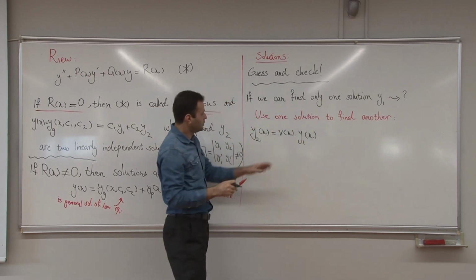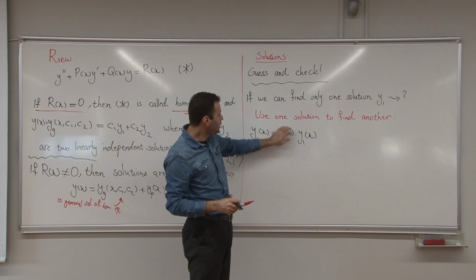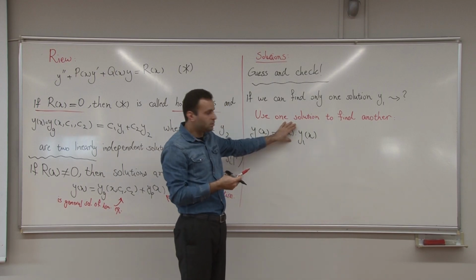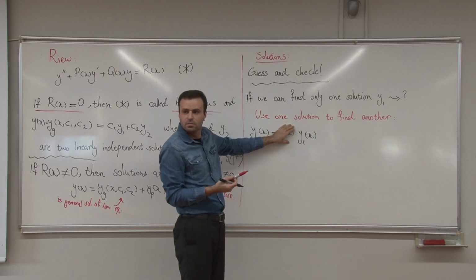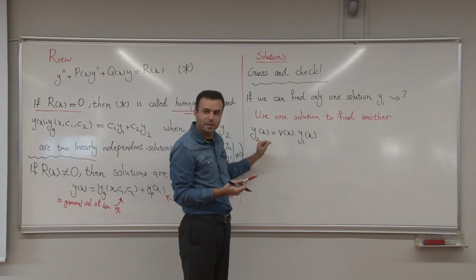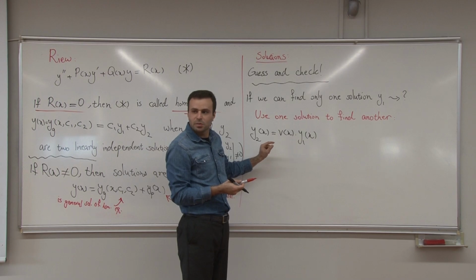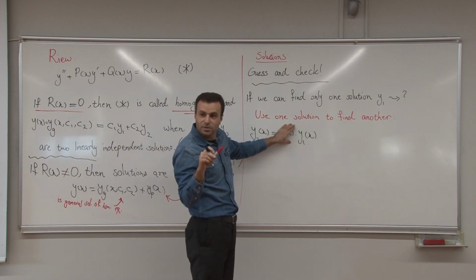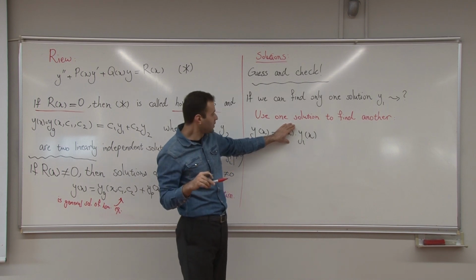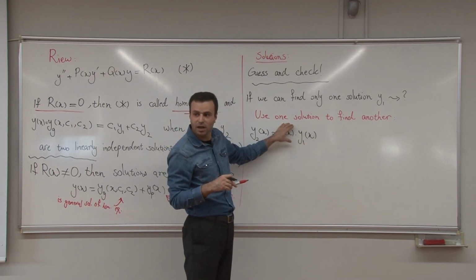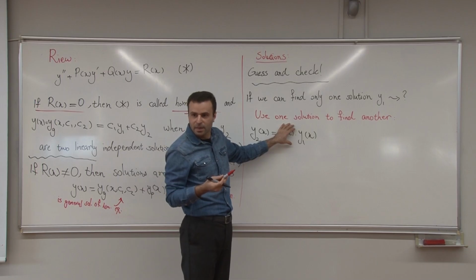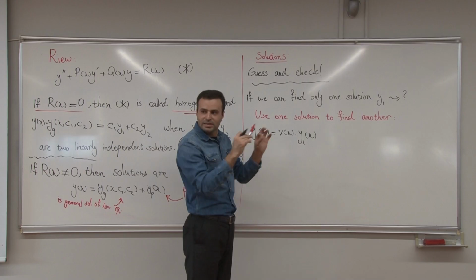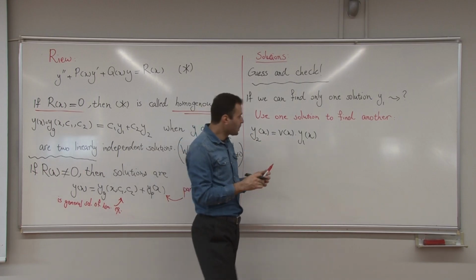Why do I need this to be a function of x and not a constant? If it's a constant c, then y2 divided by y1 is just a constant, right? Then they're linearly dependent on each other. But I want them to be linearly independent. So I need this to not be a constant, to be a function. So if I divide y2 by y1, I do not get a constant, which means that I'm imposing linear independence on these two functions, okay?